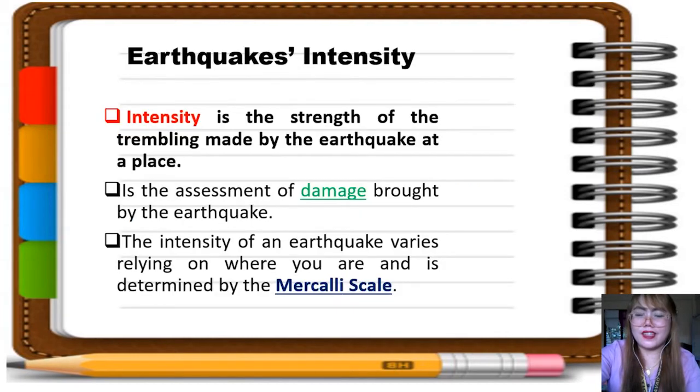This time, let's move on to the intensity. How does it differ from magnitude? You are correct. Intensity is the strength of the trembling made by the earthquake at a place. The intensity of an earthquake varies relying on where you are and is determined by the Mercalli scale.